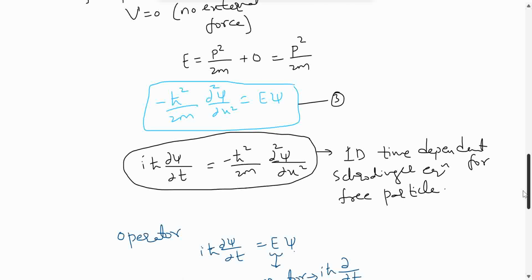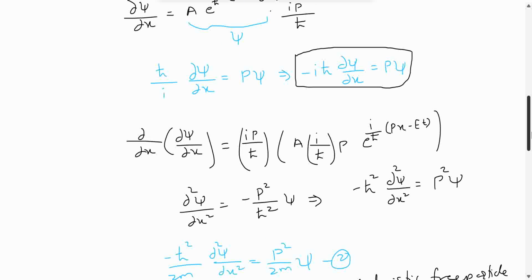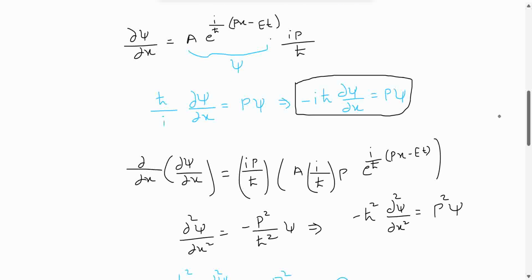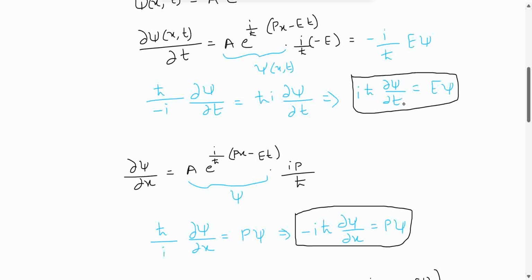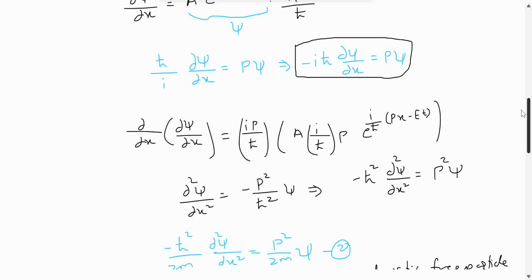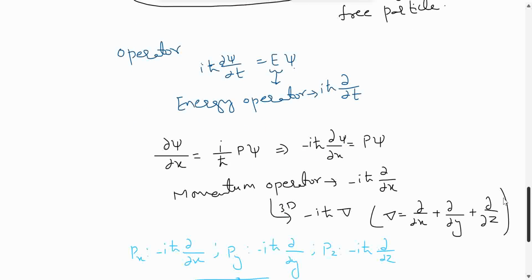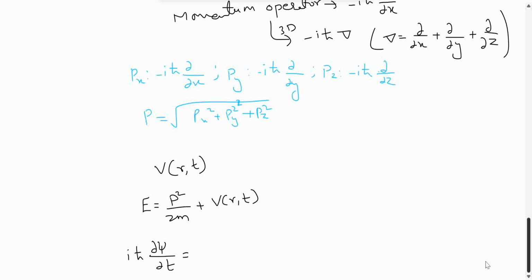Also we have the equation i h cross dou psi by dou t is equal to E psi. So basically it is E times psi.